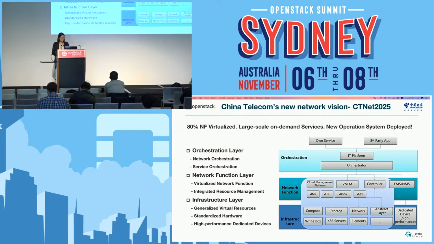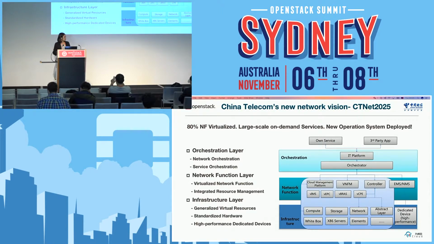All these virtualized network functions will be managed by a central cloud management platform, VNFM, and SDN controllers, and other centralized resource management systems. The orchestration layer is service-oriented, and it will provide China Telecom's own services and all third-party applications with the ability to orchestrate network and resources over the entire network.